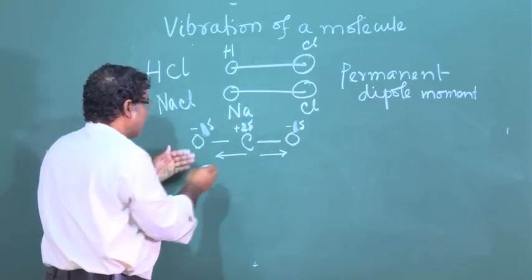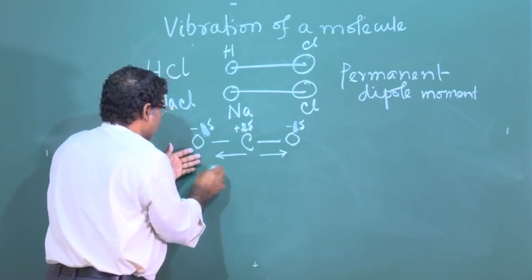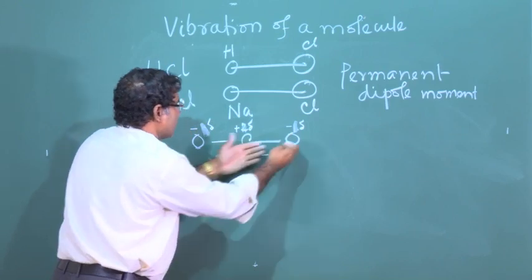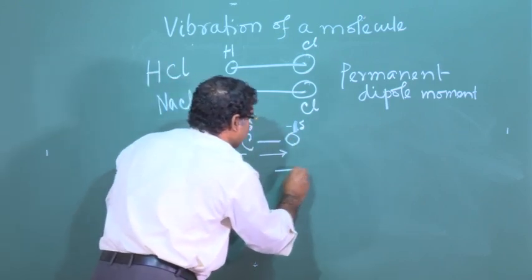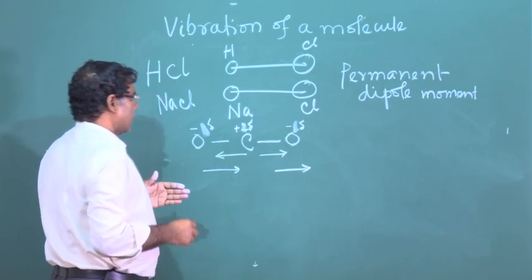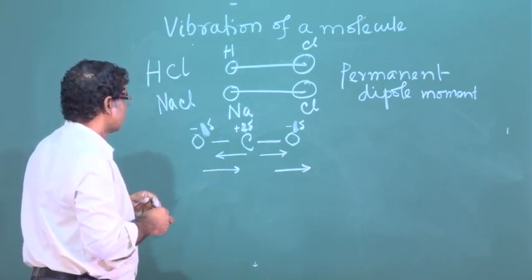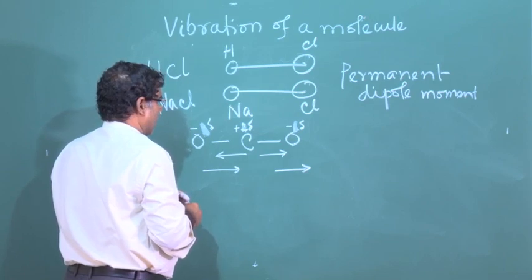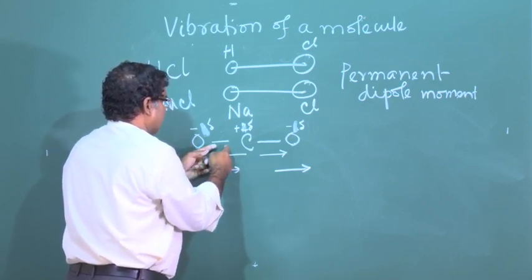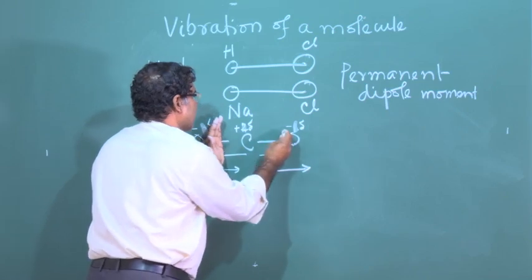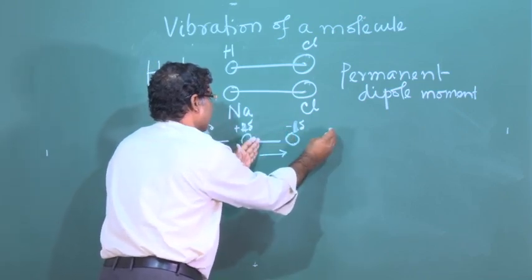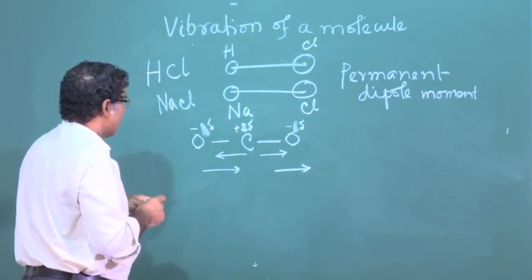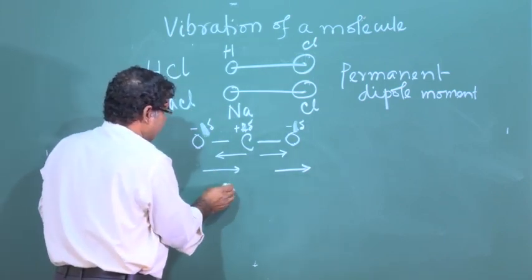If the vibration is symmetric, it means when this oxygen is going this side, this oxygen is also going in the same direction. It is going in this direction, or just the opposite way.